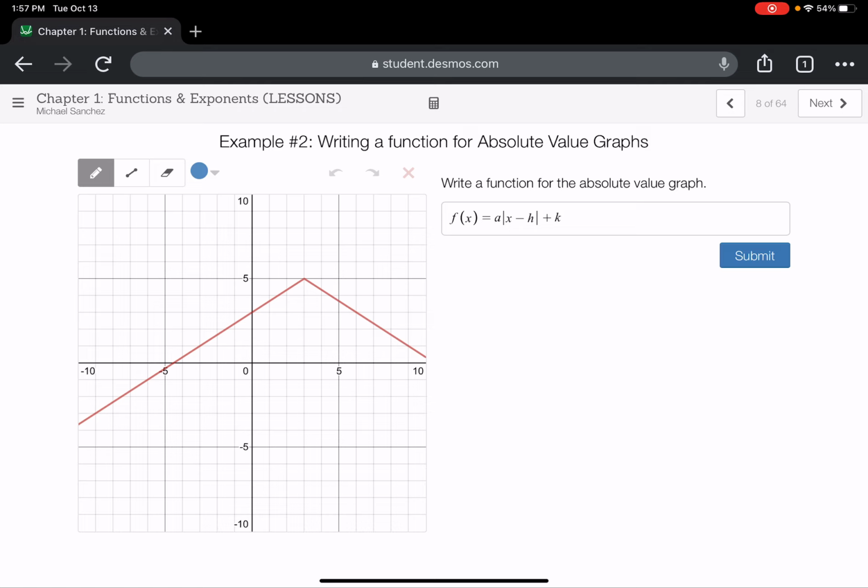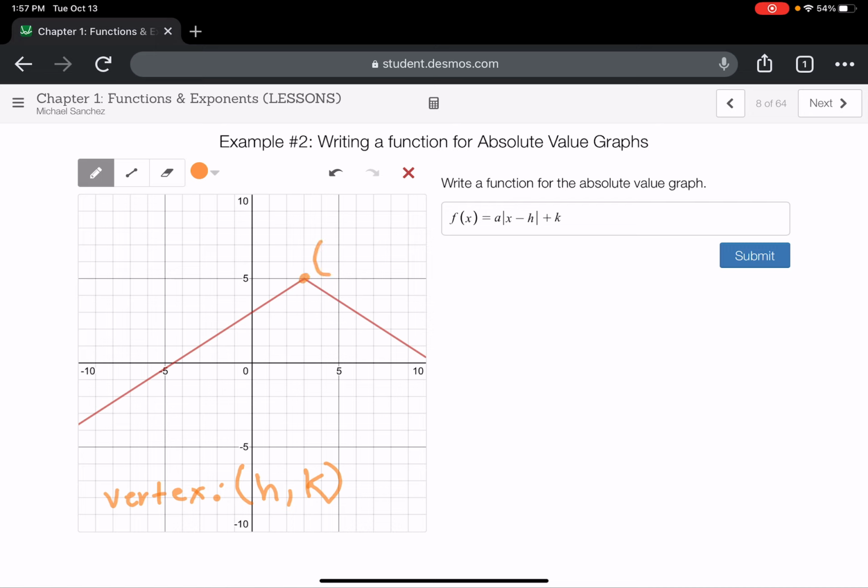So if we remember from our previous examples, our vertex is a representation of the values of h and k. Okay, so we're going to look for our vertex. So our vertex is located here, and we're going to write the coordinates to that point.